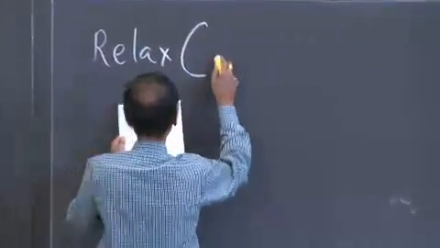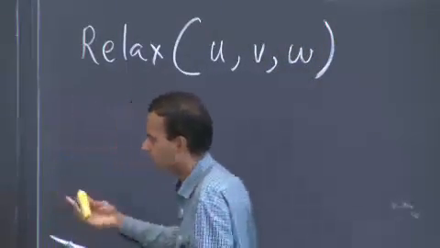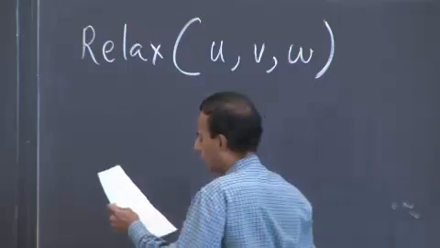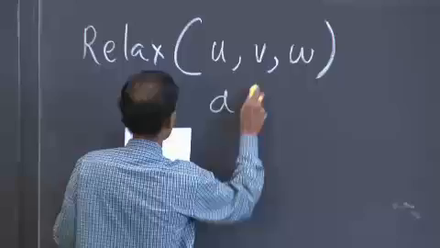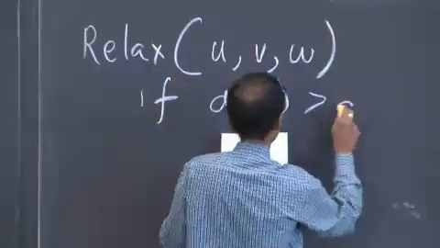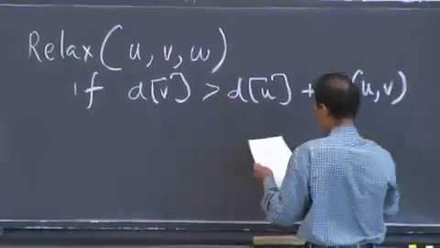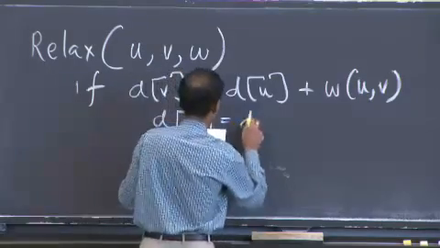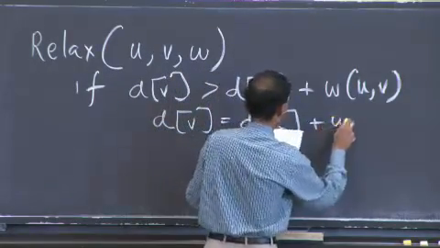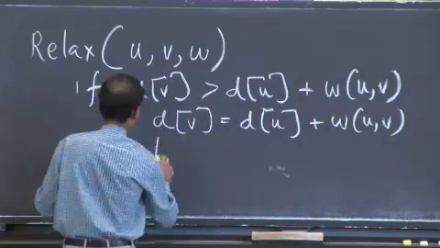Recall that our basic relaxation operation, which we did over here as we updated the infinity value to 1 and the 3 value to 2, looks like this: if d of v is greater than d of u plus w of u v, then I'm going to update d of v to be d of u plus w of u v. You found a better way of reaching vertex v, a shorter way.